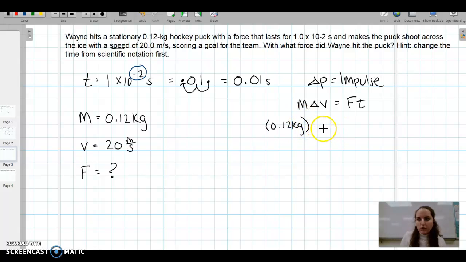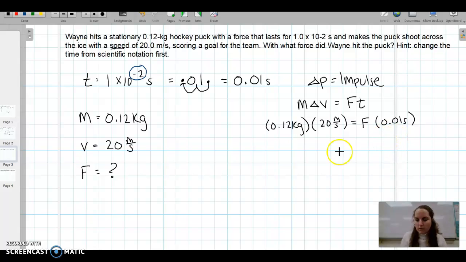The change in velocity, so it started from 0 and it went to 20 meters per second. So we can say it's just that final velocity, and that's equal to our force times time. So force times 0.01 seconds.